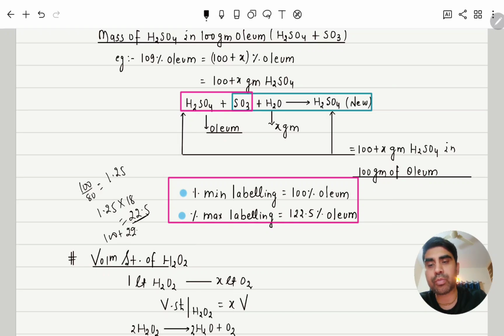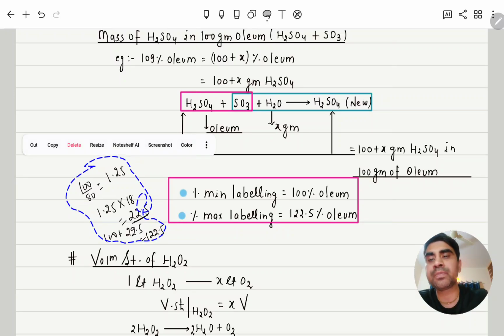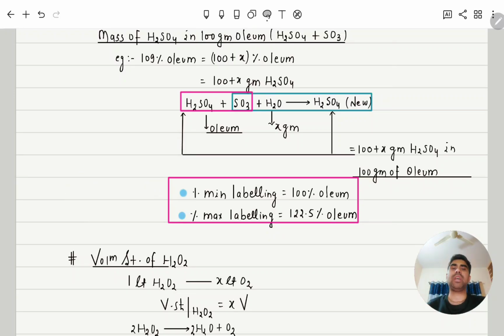So that is 22.5, so overall 122.5. So for maximum and minimum percentage labelling of oleum: if it is minimum, then consider water as 0 gram, 100 gram H2SO4.